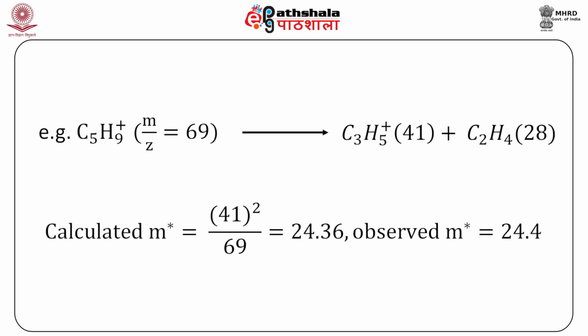Consider as an example C5H9+, which has an m/z value of 69, and C3H5+ having an m/z value of 41, plus C2H4 having an m/z value of 28. Now the calculated m* will be 41 squared divided by 69, which equals 24.36. So the observed mass of the metastable ion will be 24.4 when you round it off.